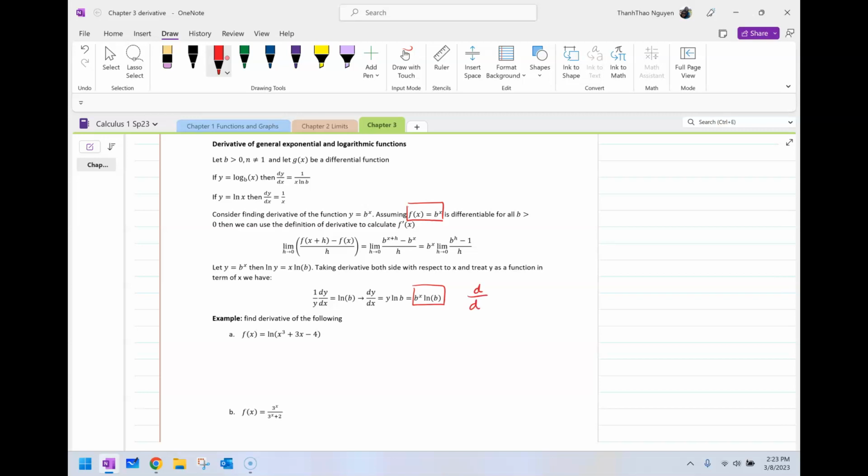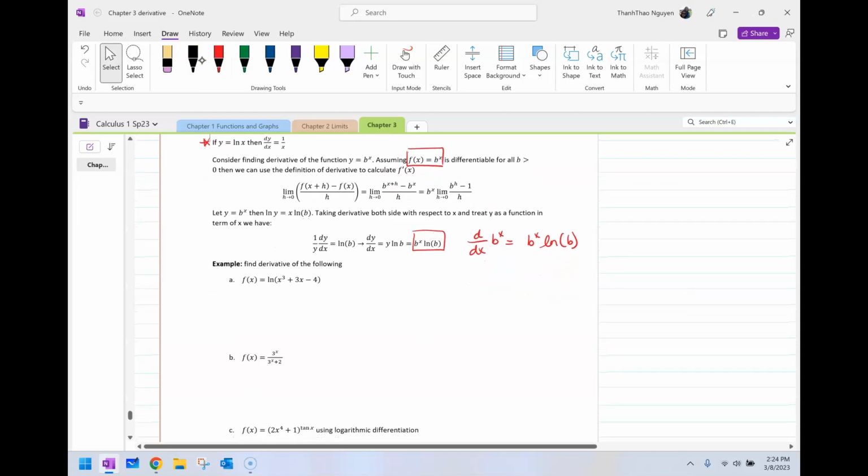So d dx of b to the x equals b to the x times ln of b. The proofs for these formulas are available in our textbook if you want to take a look at them.